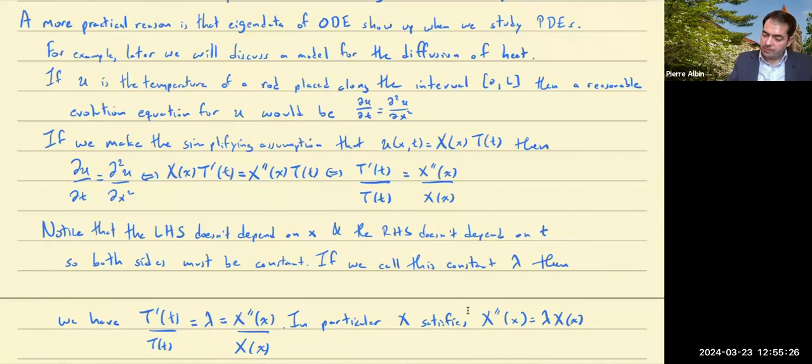We start with a partial differential equation. We assume that our solution has this particular form. This is called separable, right? Because we've separated it into a product of a function of x and a function of t. And then it turns out that these two functions satisfy this equation. So in particular, an eigenvalue equation.